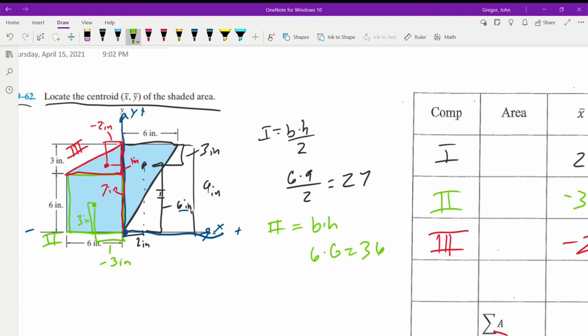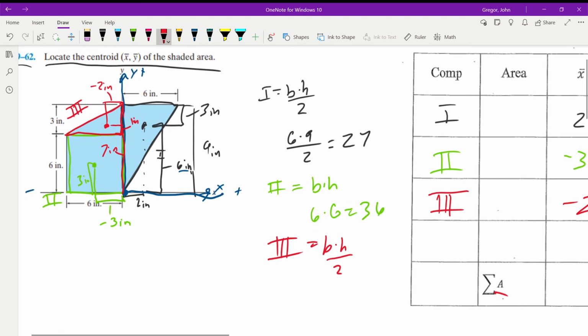Then you do the same thing for your third component. It's base times height over 2, so 6 as my base times 3 as my height over 2, which gives me 9.